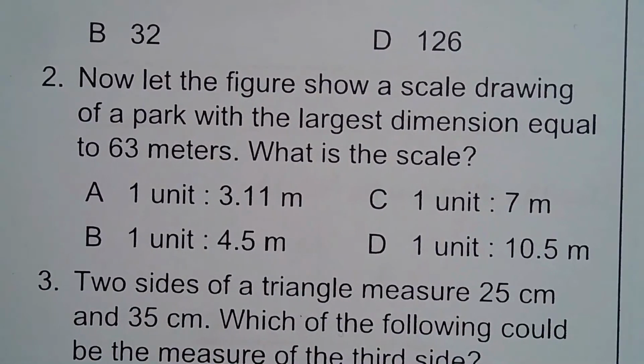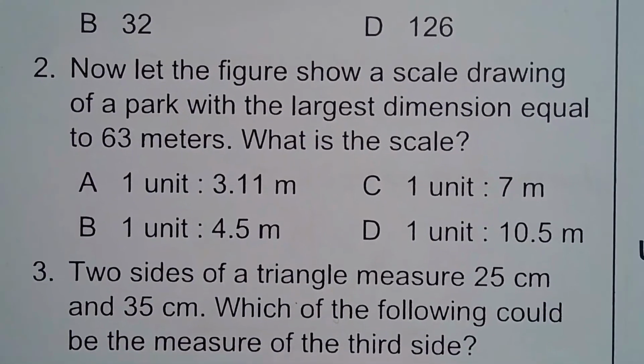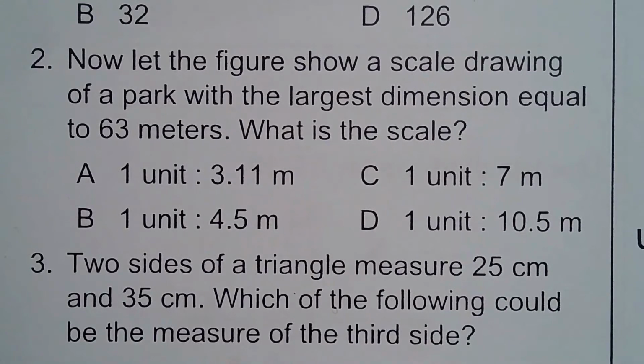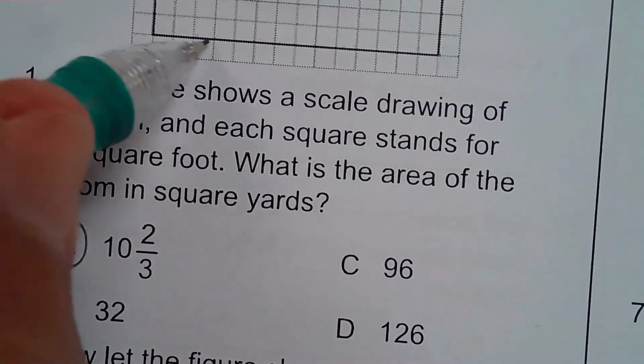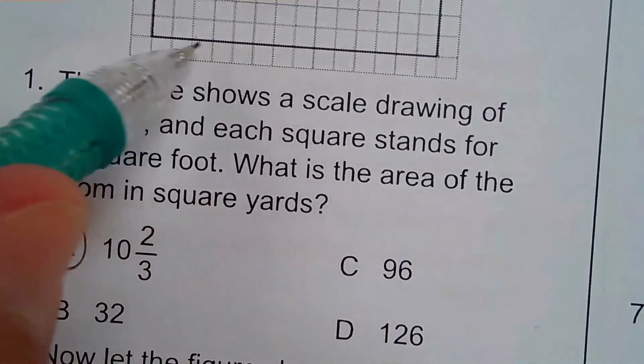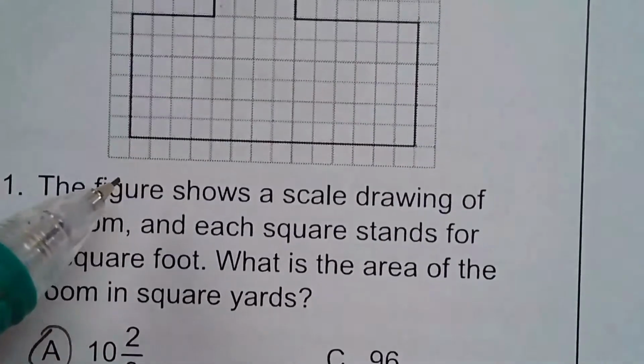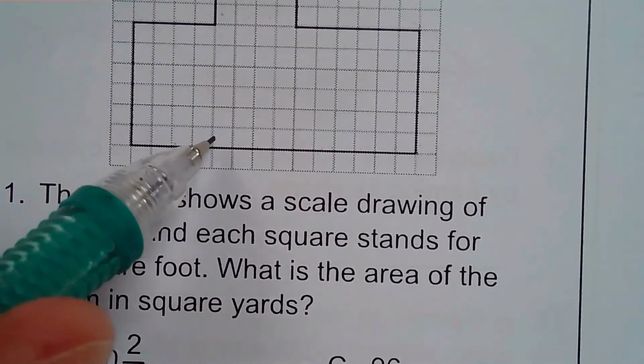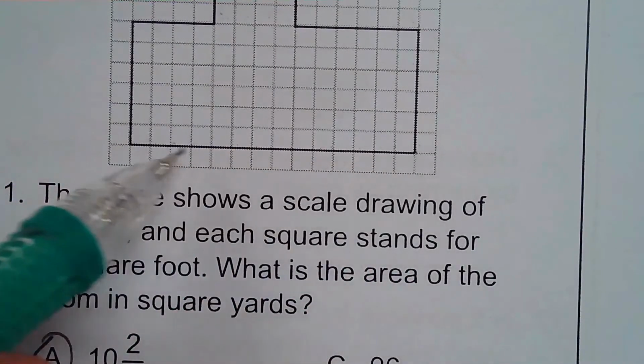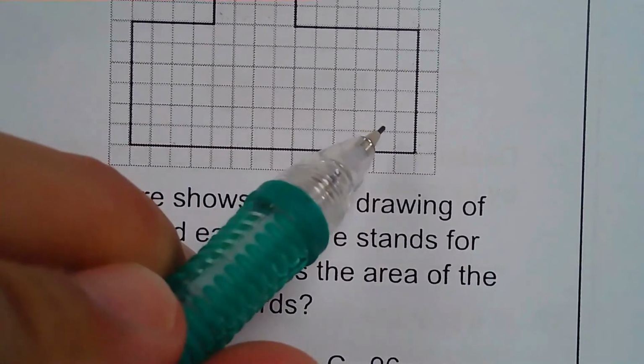Now the figure shows a scale drawing of a park with the largest dimension equal to 63 meters. What is the scale? So this whole length here is 63 meters. There are 14 squares, so it'd be 63 divided by 14.